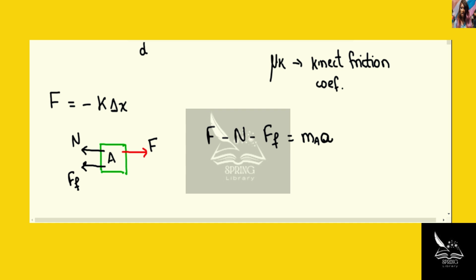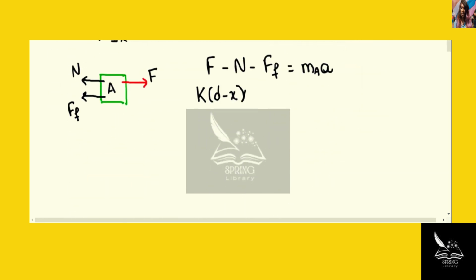Now the magnitude of the elastic force is K times D minus X, where X is the distance traveled by the block. Let me draw here the spring that has an unstretched length L0.